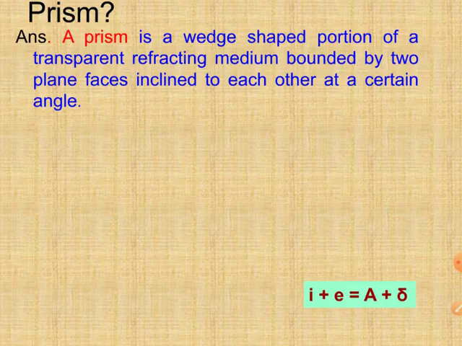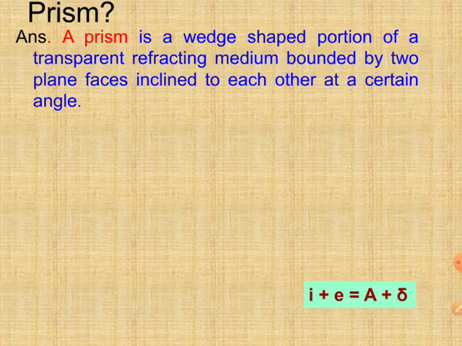Now you might have seen a prism in your laboratory also, and you may want to say that, sir, this prism is not bounded by only two surfaces. On top you will see a triangular surface, and on the bottom also a triangular base is there, and the other three sides are rectangular plane faces.